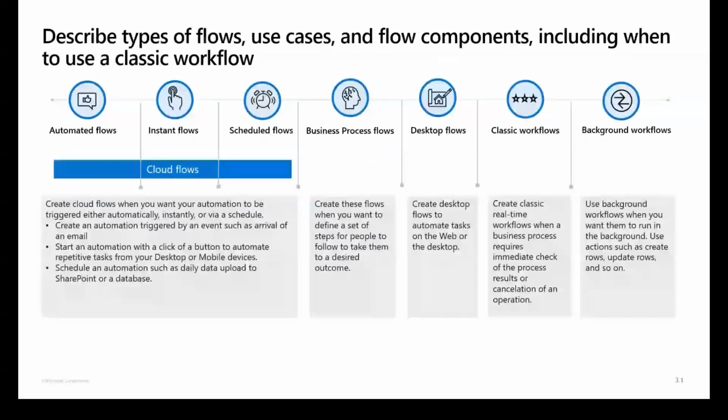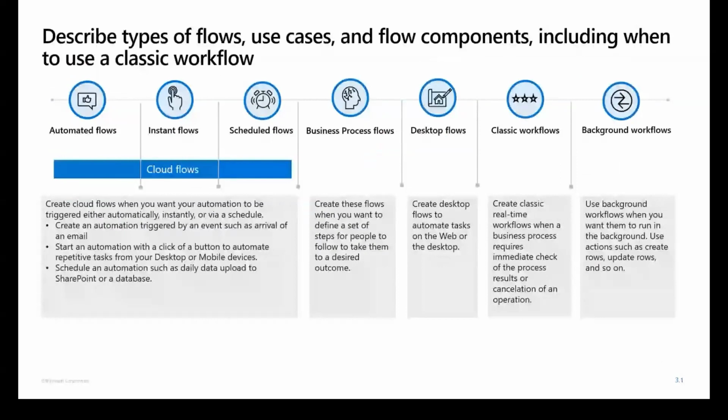So let's look at the types of flow, or types of logic. When we look at cloud flows, there are three real types of cloud flow. There's the automated flow. This is what most people think of when they think about flows. Flows that are triggered when the data changes or an email arrives, that start the flow off in the background.